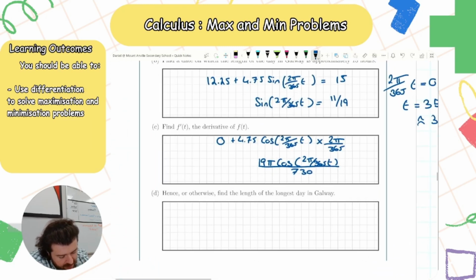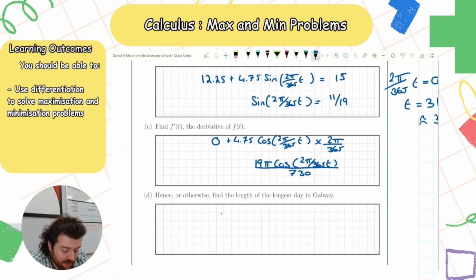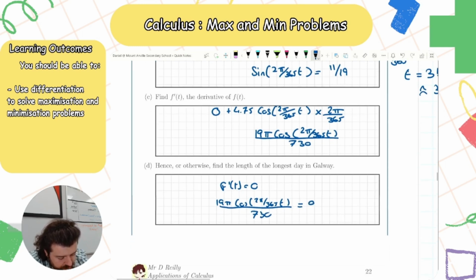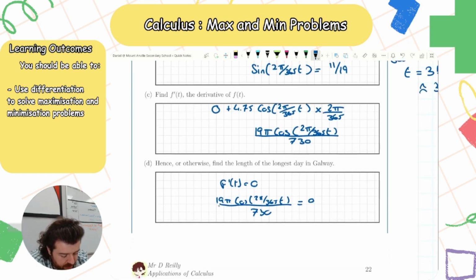So hence or otherwise find the longest day in Galway. So first derivative equals 0. So 19 pi cosine 2 pi over 365 t all over 730 equals 0. So multiply across by 730 divided by 19 pi.